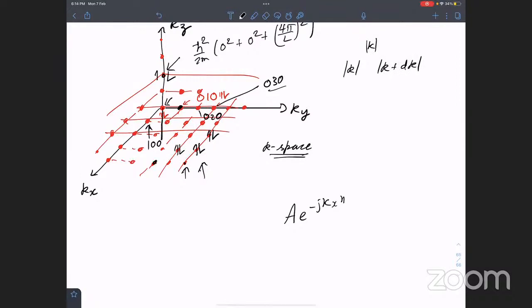The mod of the k vector, for example, is the distance from here to here, right? That is the mod of this one. How many such states are there with mod between k and k plus delta k, some two numbers, right? How do we find that out?